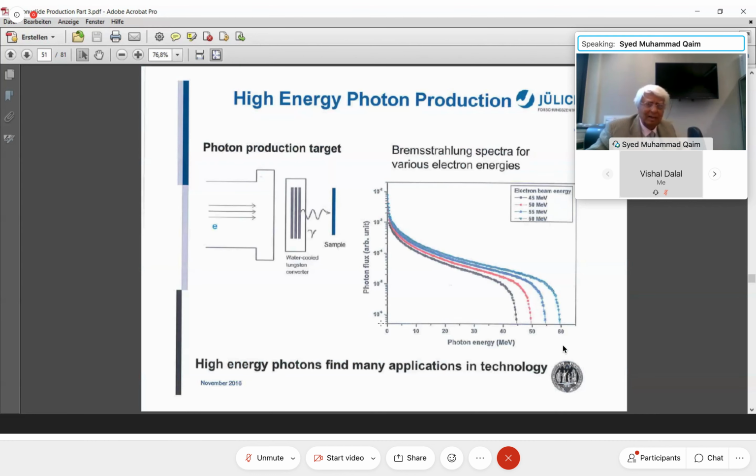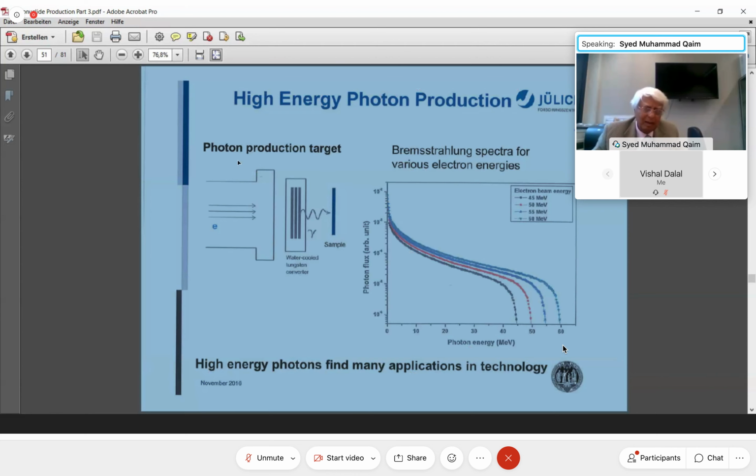Photon-induced reactions. I've told you how the photons are produced, high energy gammas. You have the electron beam. The electron beam can be easily accelerated. A LINAC, as it is called, linear accelerator. This technology is very well known.